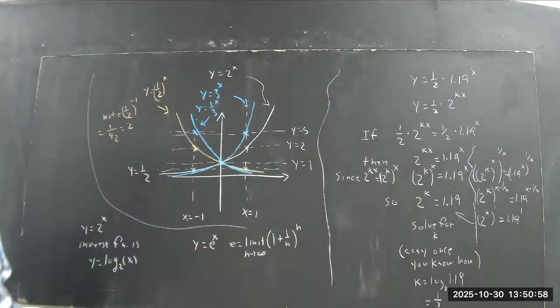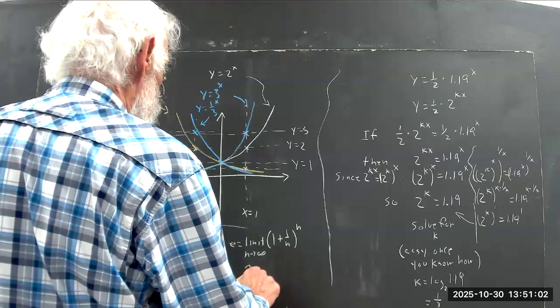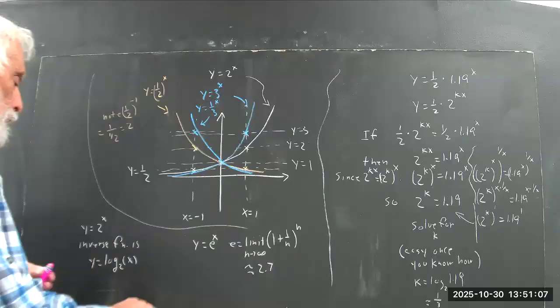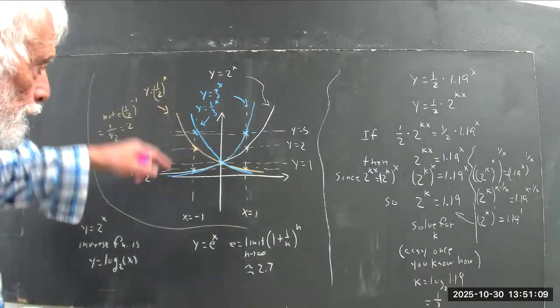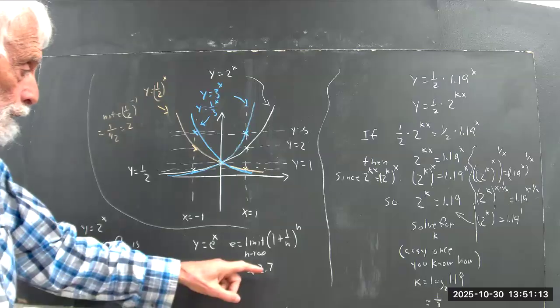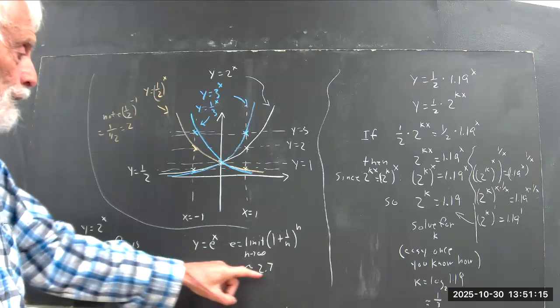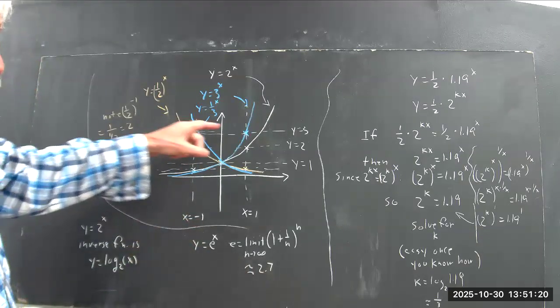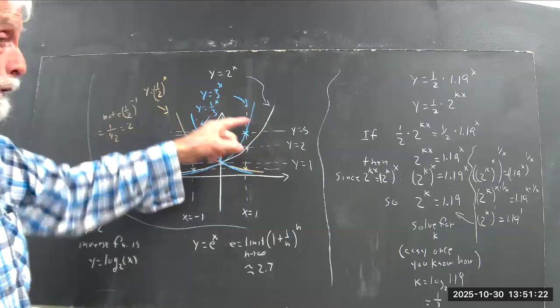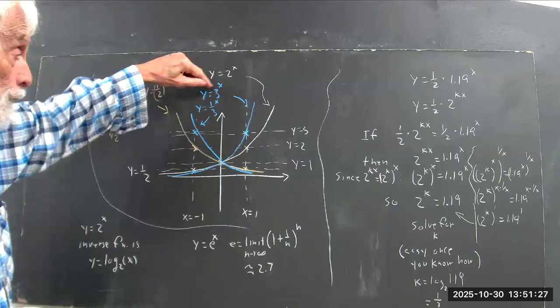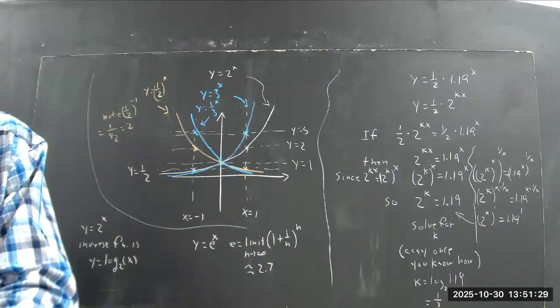There's a definition of e, and it's approximately equal to 2.7. So where would a graph of e to the x be on this picture? Well, if e is about 2.7, then this would be between the graph of 2 to the x and the graph of 3 to the x. 2.7 to the x would be between 2 to the x and 3 to the x, closer to 3 to the x, right?